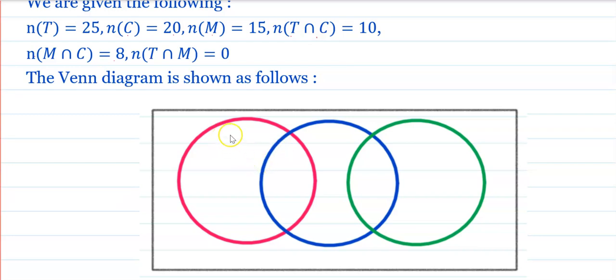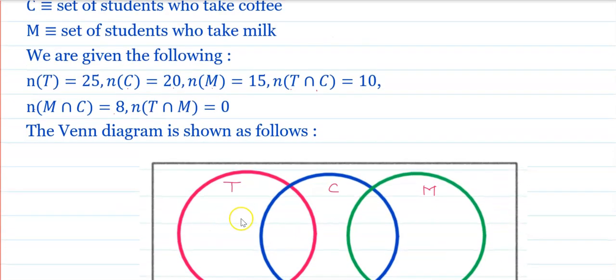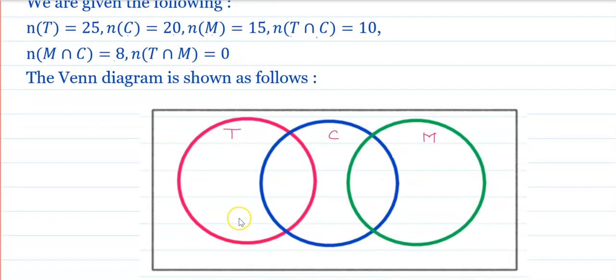Now here, T is for tea, C is for coffee, M is for milk. Then how to fill this Venn diagram? First of all, I will substitute here T intersection C, the 10 persons.